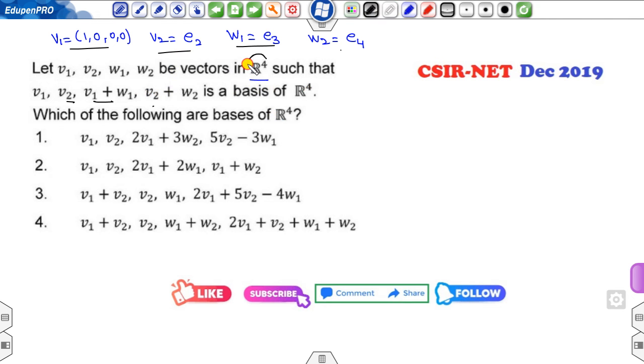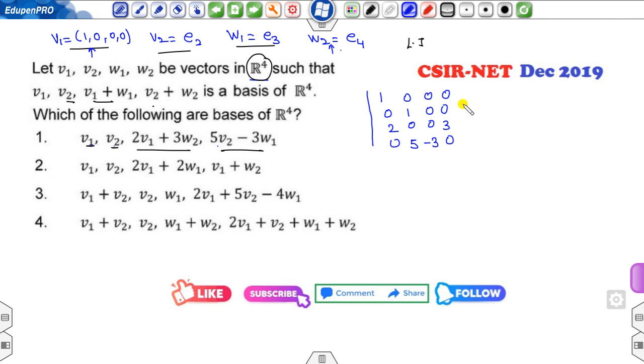Again, it's R4, with vectors 1, 2, 3, 4. So we need to check only linear independence. How can you find it? I can write the matrix V1, V2, twice of V1, thrice of V2, and 5 times V2, 3 times this.